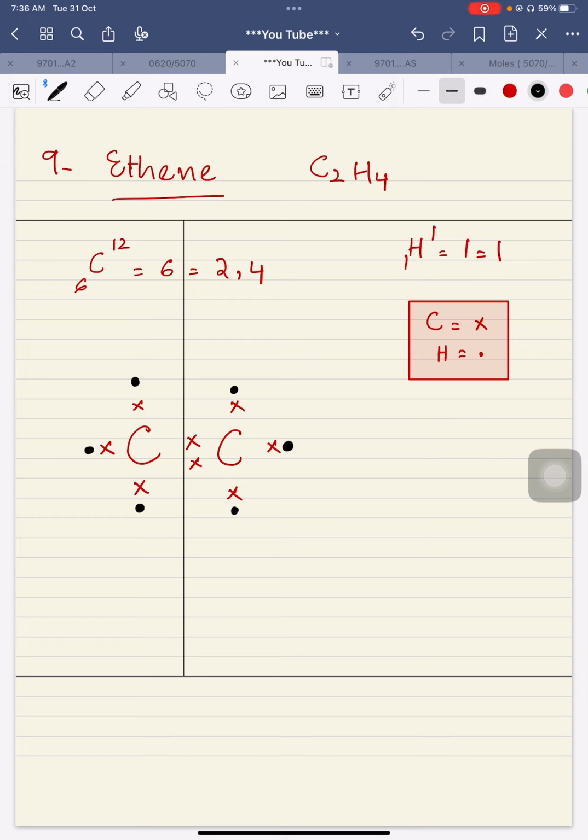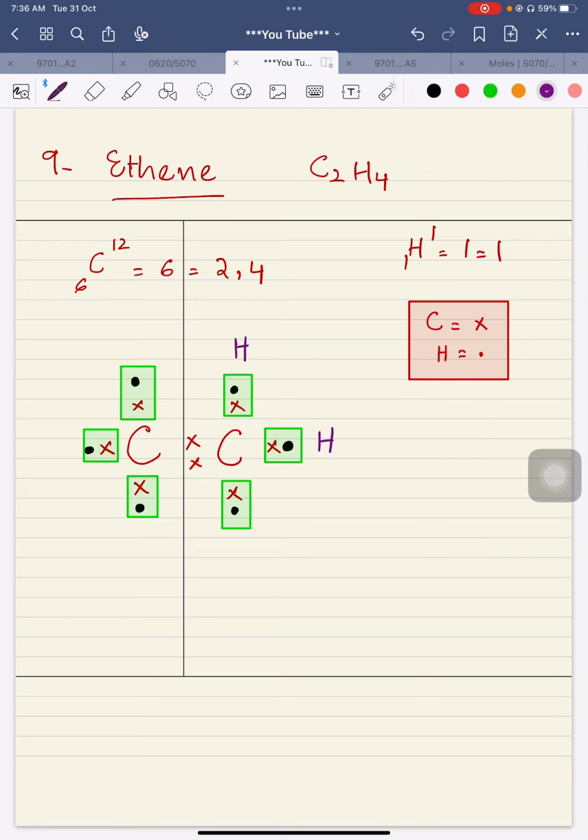Now we can go back, and I am drawing these as sharing regions, and these are the sharing regions of one carbon and three hydrogens, whereas these are the sharing regions of this carbon and the three other hydrogen atoms. Okay, let's write down the hydrogen atoms here. So these purple ones are the hydrogen atoms.